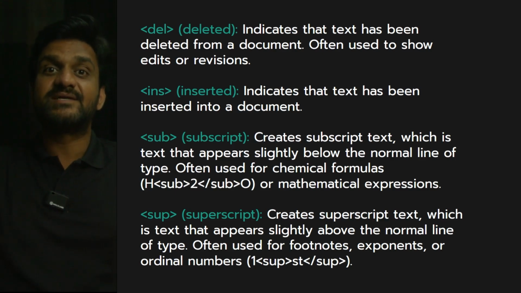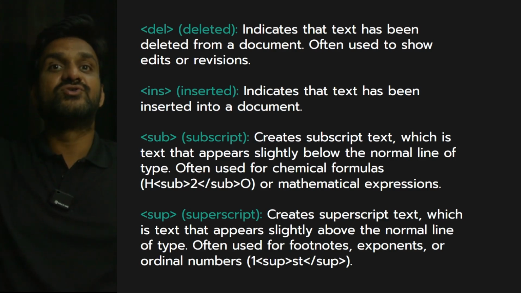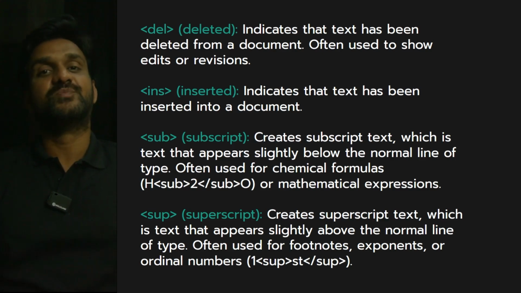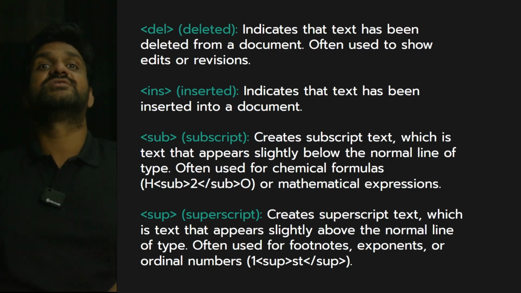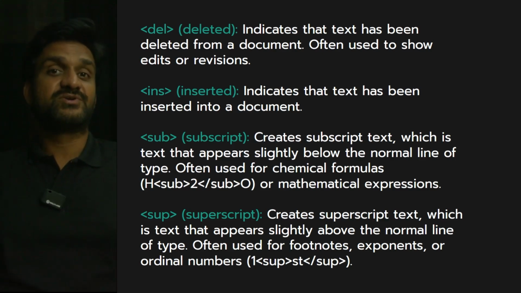If you want certain text to be below the existing text, then we use sub, which is subscript. Superscript means to the power of. If you want text above the existing text, then we use sup. For example, x square, or x to the power of 3. In such cases, we use superscript.